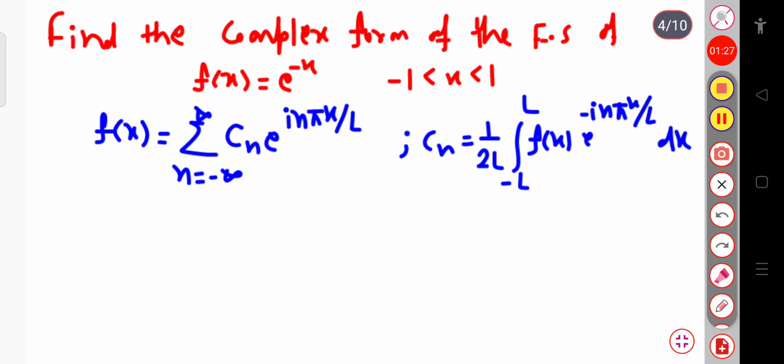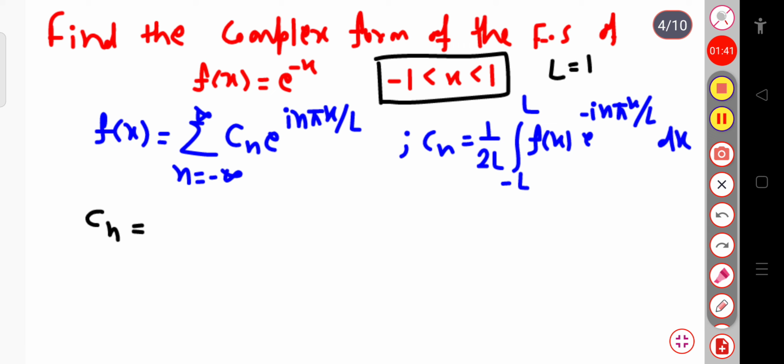Now in the question the value of L is given as 1. So if I first calculate the coefficient Cn, then with L equal to 1 this will be 1/(2×1), that is 1/2, times the integration from -L to +L, meaning -1 to +1.